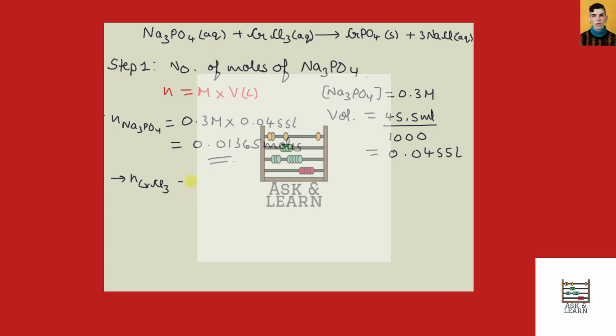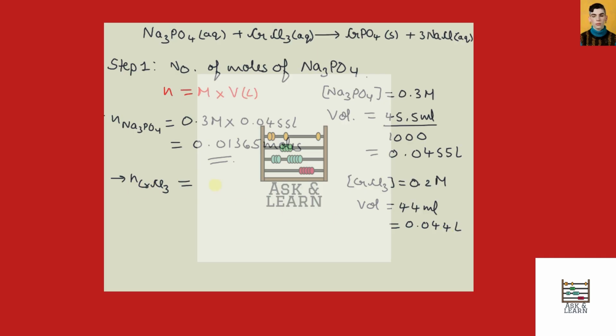CrCl3. So here we have been given the molarity, which is the concentration of the CrCl3, which is equal to 0.2 molar, and the volume is given as 44 ml. So in liters it will be equal to 0.044 liters.